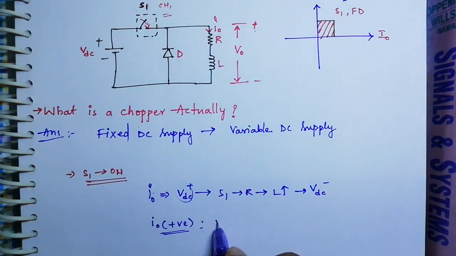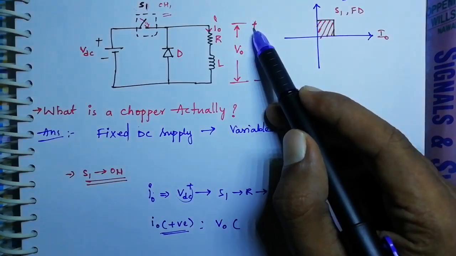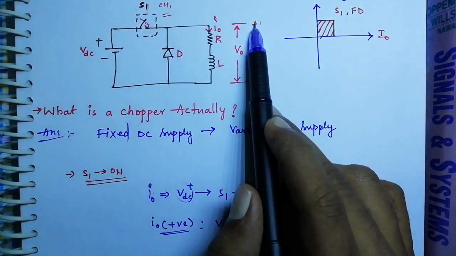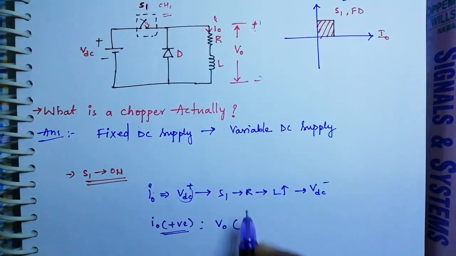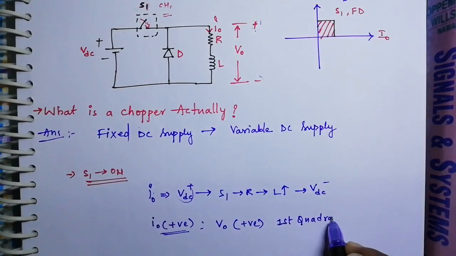Whatever reference you have considered before, plus here and minus here, after closing the switch also it remains the same. You can observe that the plus is connected to the plus terminal, so V0 is also positive, which means the first quadrant operation is satisfied as I said before.